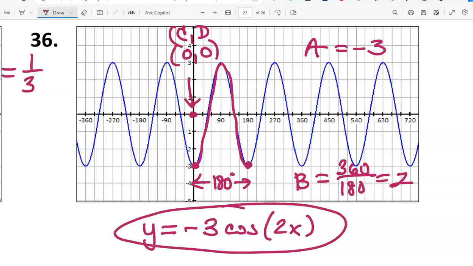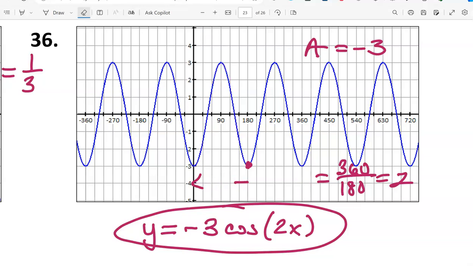That's one possibility. Let's change this so that we're graphing a different kind of function. Some things will change and some things will not. The things that might change are the sign of A, that is whether it's positive or negative, and also the phase shift.